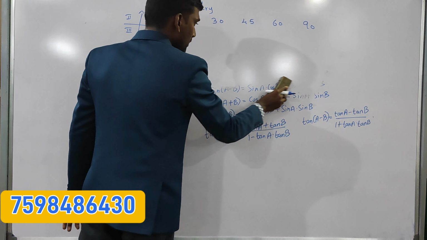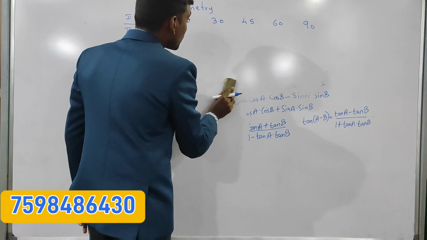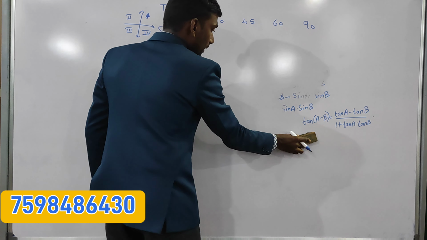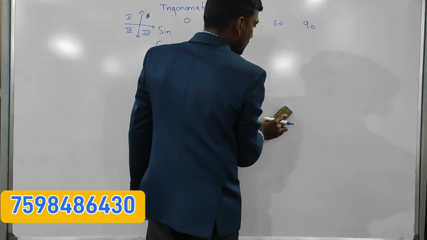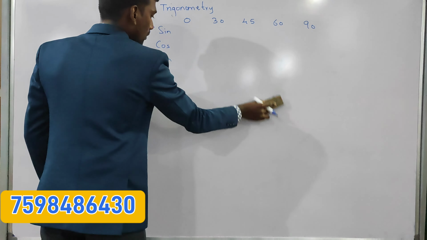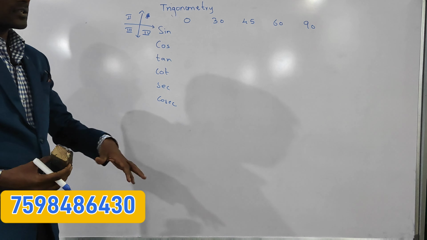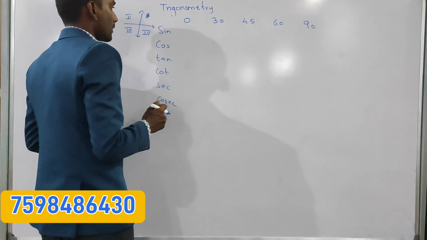This is the tabular column which is very, very useful, and many questions are asked directly from this, what is sine 30 plus cos 45, something like that. So this table is very, very helpful. I'm not going to do the derivations or something like that. I'm just telling the short, like what are important for this exam perspective, like directly formulas, what is required, don't take too much stress.